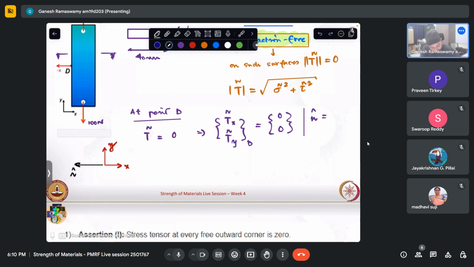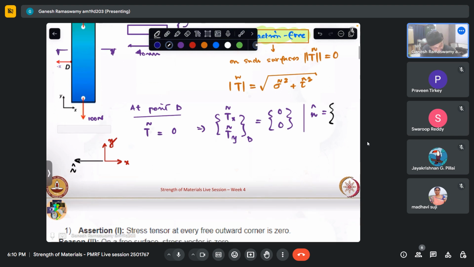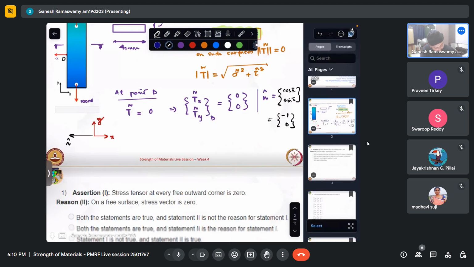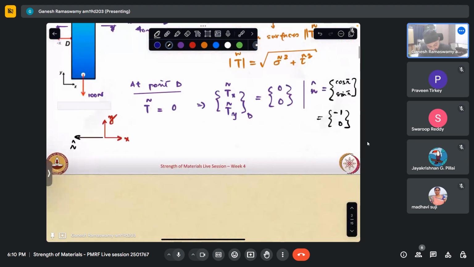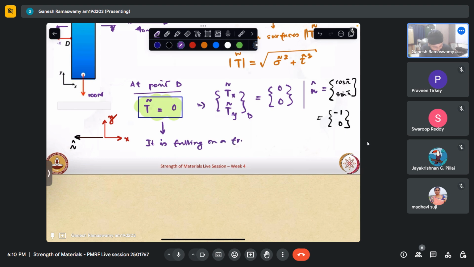So n cap is essentially cos pi, sin pi, which is nothing but -1, 0. So the traction on this is 0 by the very fact that it is a free surface. It is falling on a free surface.